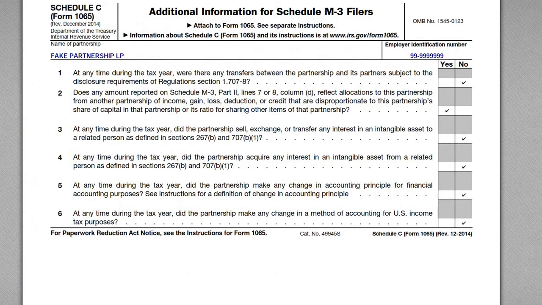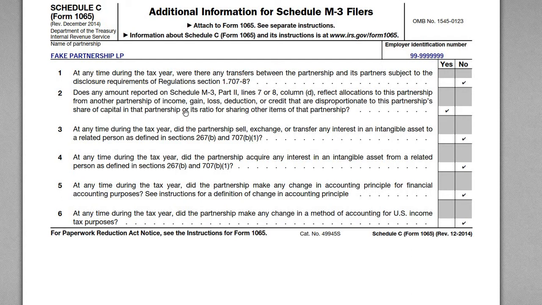So if we go back to Schedule C, there are only 6 questions, right? Not too much detail here. But one of the questions, number 2, asks, does any amount reported on the M3 part 2, lines 7 or 8 (allocations of income from a partnership) reflect allocations to this partnership from another partnership of income, gain, loss, deduction, or credit that is disproportionate to this partnership's share of capital, or its ratio for sharing other items of that partnership?